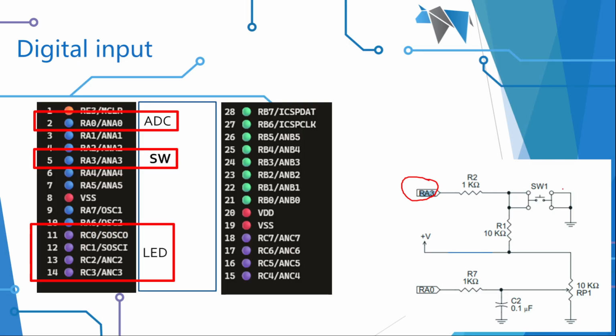I've got the switch connected through to ground, but I've actually got it pulled up, even though it's drawn in a down manner, using a 10k resistor, because this 10k resistor is pulled up to 5 volts. I do have a current limiting resistor here of 1k on that switch.